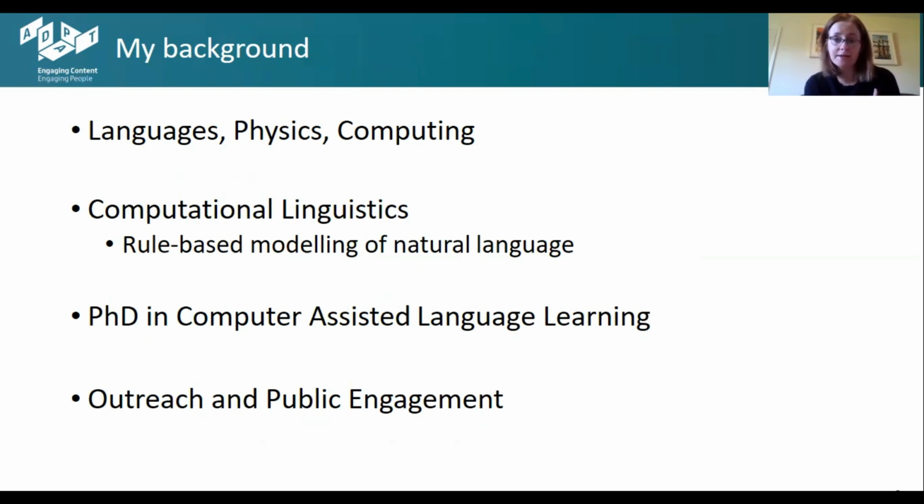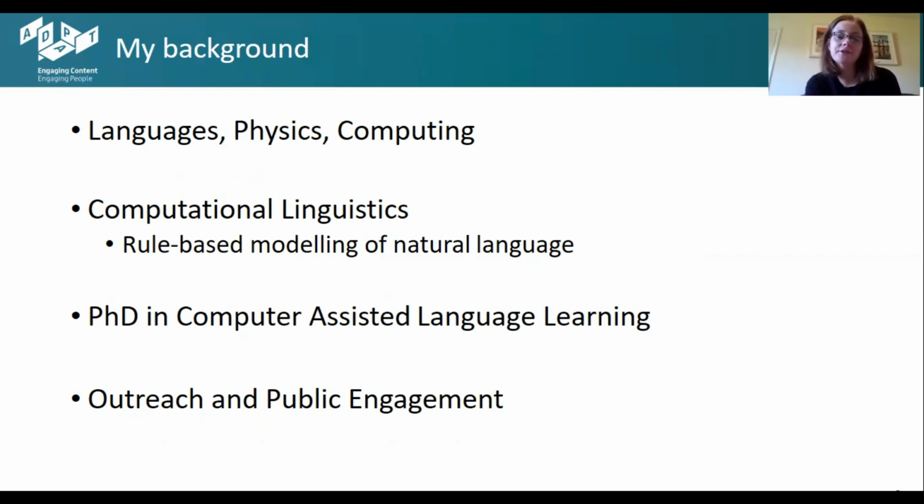So I did my BSc in computational linguistics, which is like rule-based modeling of natural language, and it's kind of like AILO, but we're training the computer to translate between two natural languages, like between French and English, for example. So what you're doing is very much gaining those skills for that kind of thing. After that, I did a PhD in computer-assisted language learning, which was working with secondary schools and integrating technology into the classroom.